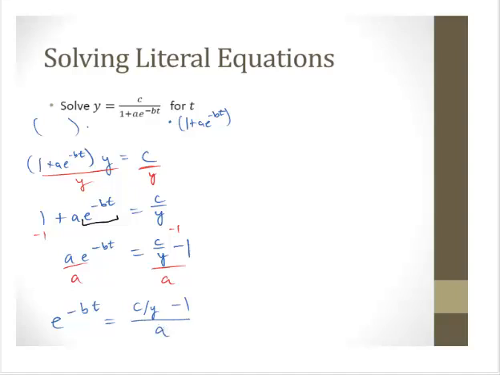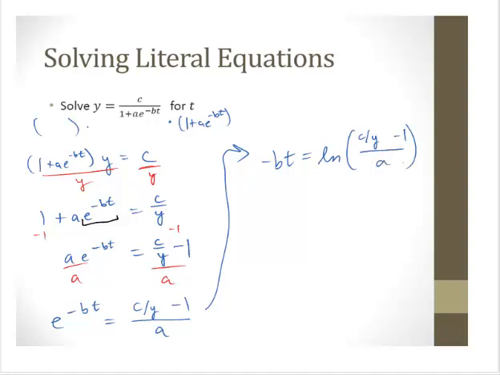Now I will apply the logarithm to both sides. Since it's base e, I'll apply the natural logarithm, or I'll just convert this to a logarithmic form. Negative bt is equal to the natural log of c over y minus 1 over a.